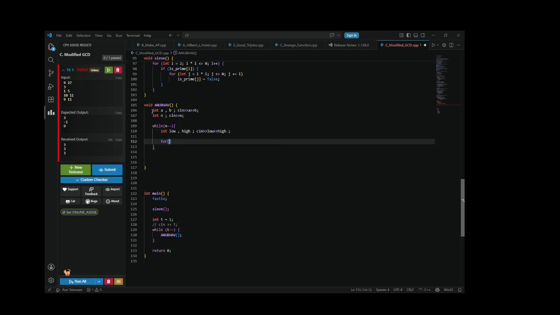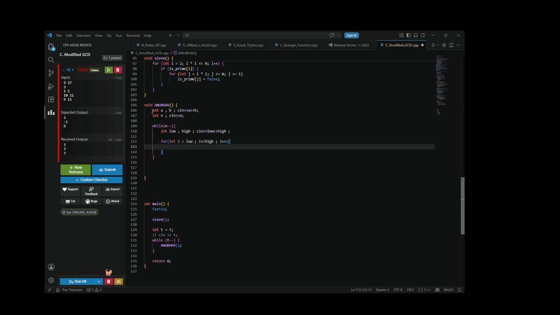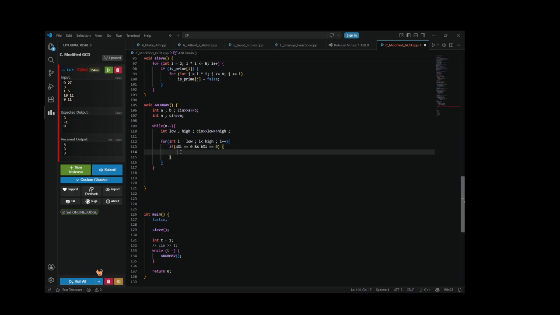And we iterate i from low till high, i plus plus, and if a mod i is equal to 0 and b mod i is equal to 0, let's write it as cnt, meaning the largest integer possible.